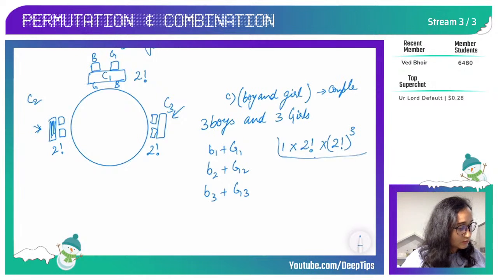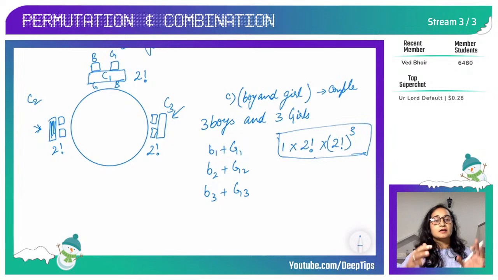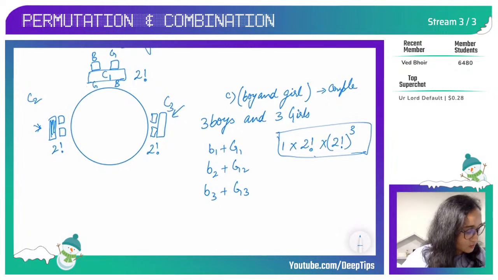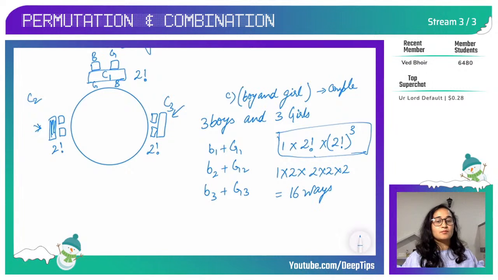So these are the total number of ways in which we can make the 3 boys and 3 girls sit as couples. Okay, so this is 1 into 2 into 2 into 2. So that is 16 ways. So couples can be seated in 16 different ways.